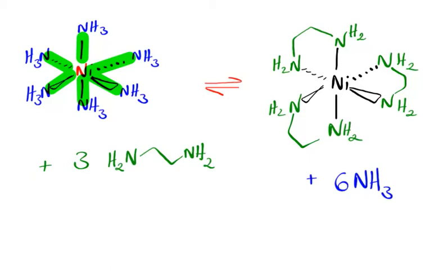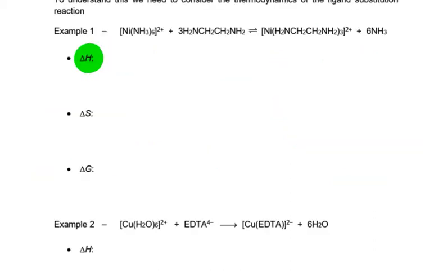And the bonds that we're going to make, well, we've also got 6 nickel-nitrogen bonds attached to a different molecule, admittedly, but I think from that we can say that there's not going to be a staggering enthalpy change in this reaction, and so delta H will be approximately 0.